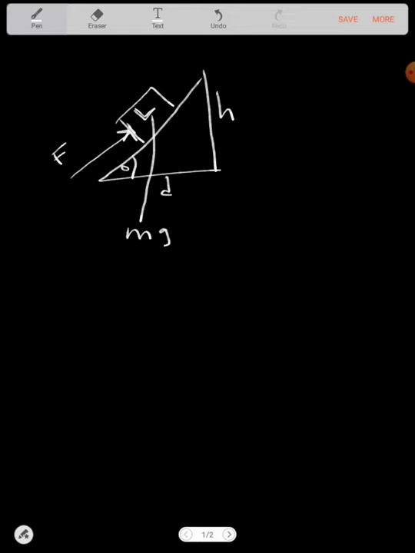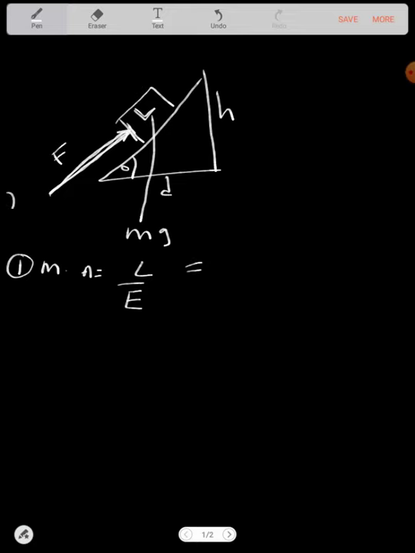Now, how can you find the mechanical advantage? How can you find the velocity ratio from here? And how can you find the efficiency from here? First, mechanical advantage is equal to load over effort. That's what we know. The effort is the force that is pushing this.